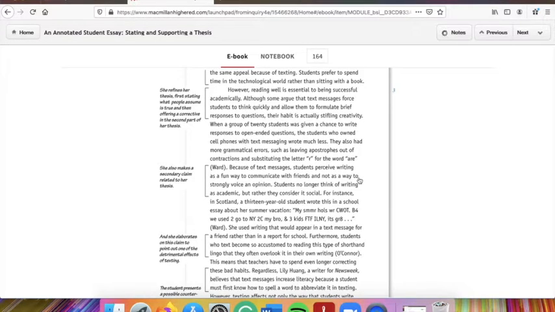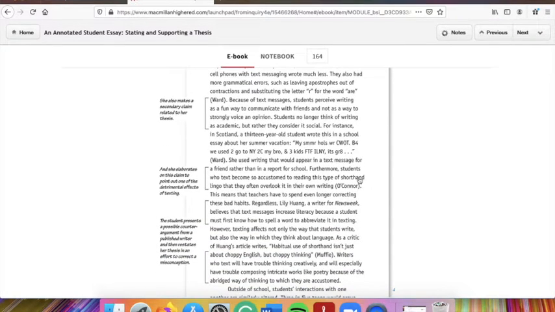So that's another claim that she is making, that writing is going from a solely academic act to a social act, and that will influence how people view it. And then she elaborates on that claim to point out one of the detrimental effects of texting here, and she cites that by using another source.